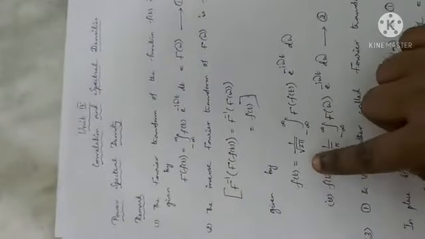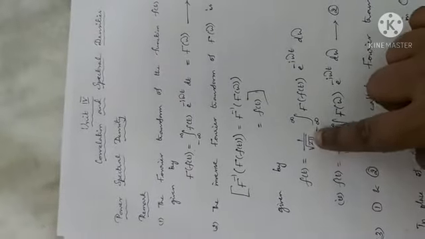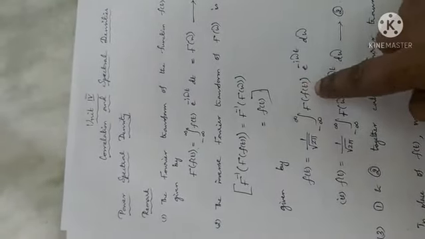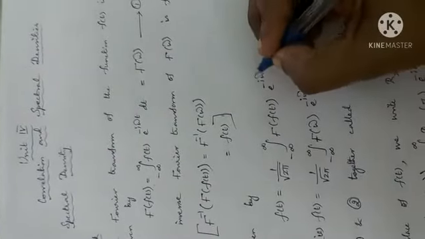f of t is given by 1 by root 2 pi times the integral from minus infinity to plus infinity of the Fourier transform of the function, e power i omega t d omega. Here it was minus i omega; in the inverse it should be plus i omega.